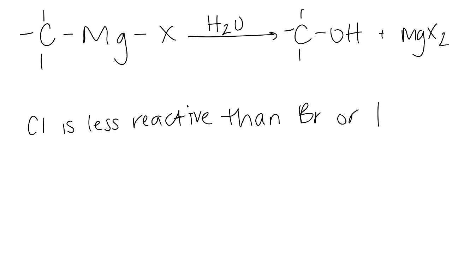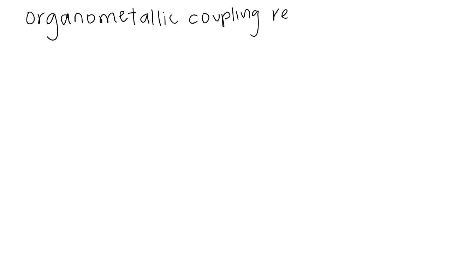So now let's look at organometallic coupling reactions. So this is going to be similar to what we see with our Grignard reagent, but in this case, we're going to use lithium. So for our next topic, we're going to look at an organometallic coupling reaction. So here we can make an alkyl lithium.